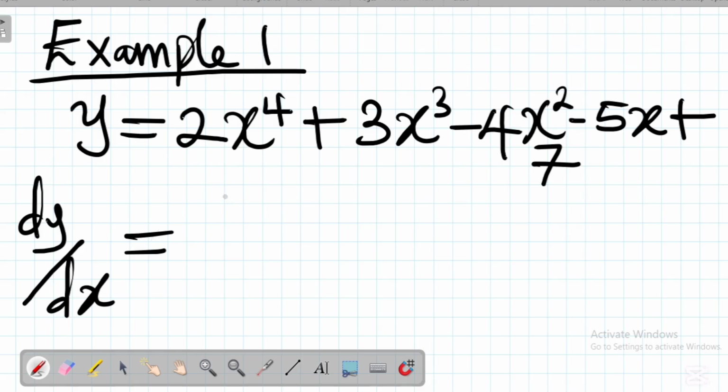So we'll take it bit by bit. First of all, let's consider 2x raised to power 4. According to the general method, you multiply x by the power and then subtract 1 from the power.